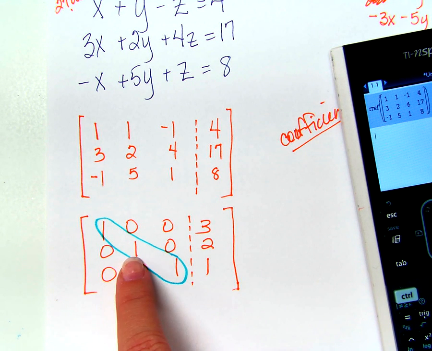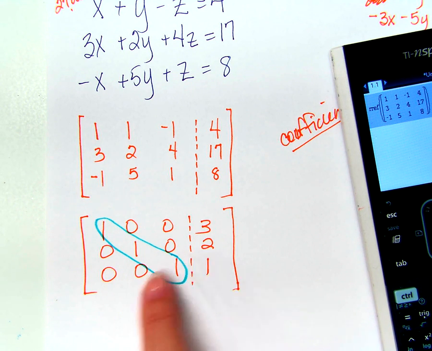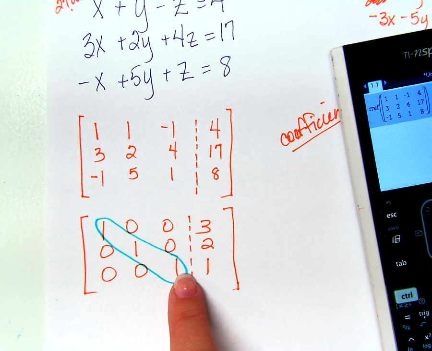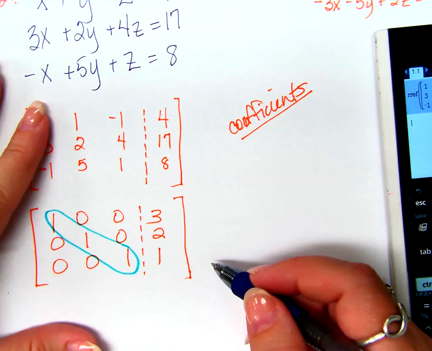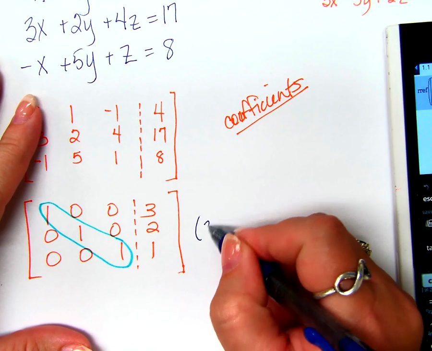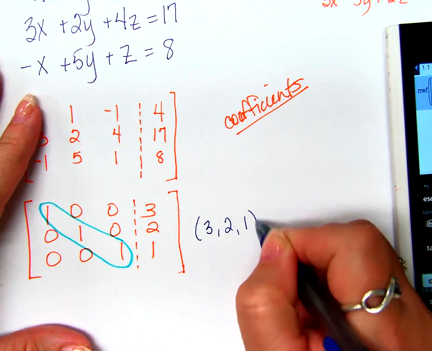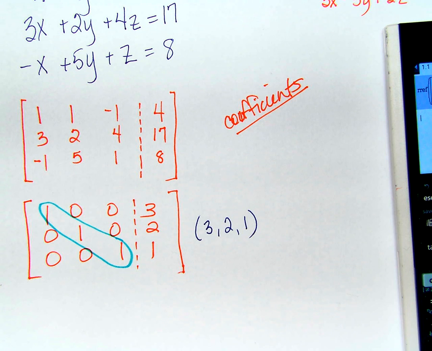So that's saying y equals 2. 0x plus 0y plus 1z equals 1. So that's saying z equals 1. Enter. So what's my answer? Done.